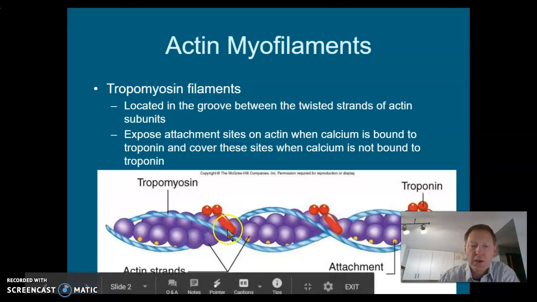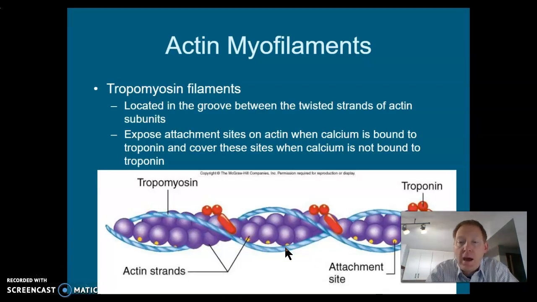So this blocks these little yellow sites right here, called binding sites, and what the tropomyosin does is block those binding sites, which means that you can't contract the muscle.